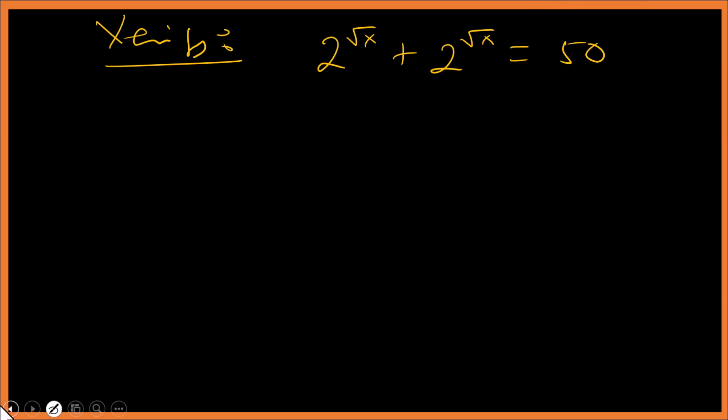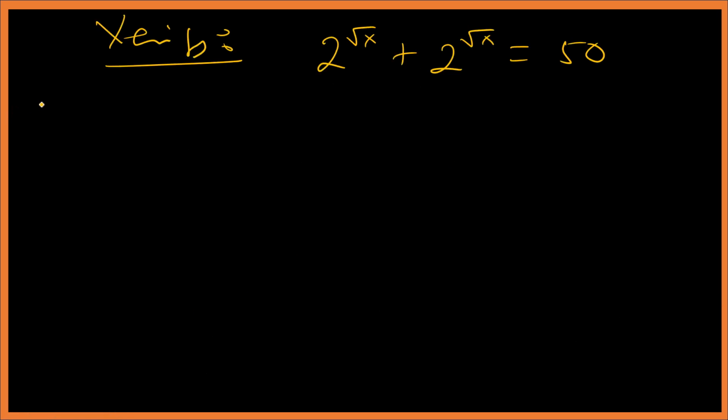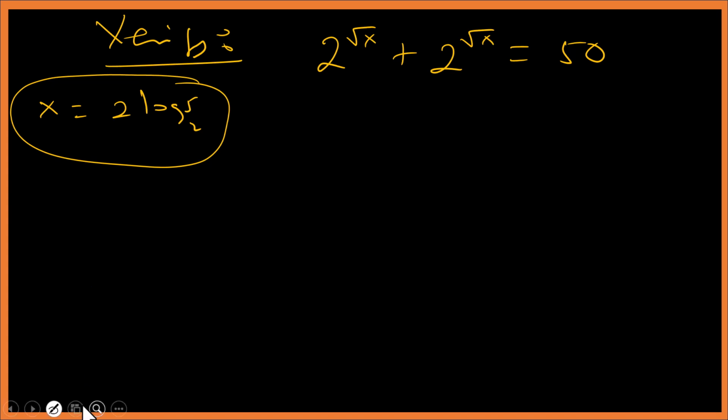So the answer for x is 2 log 5 to base 2, squared. We want to verify if this is true. So don't forget this one is the same as 2 times 2 raised to x.